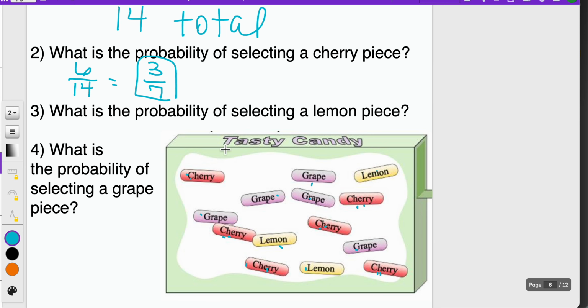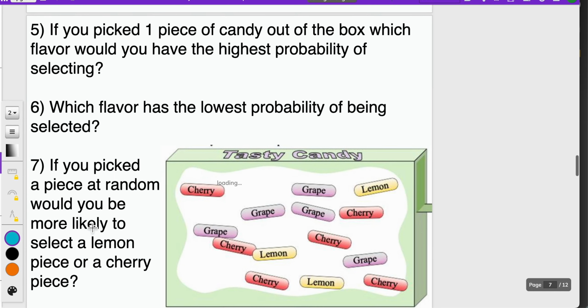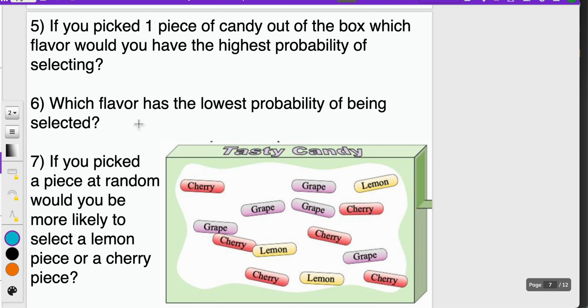What is the probability of selecting a lemon piece? There are 3 lemons out of 14, and that's already simplified. And then grape, 1, 2, 3, 4, 5. Grapes would be 5 out of 14. Okay. If you picked one piece of candy out of the box, which flavor would you have the highest probability of selecting?